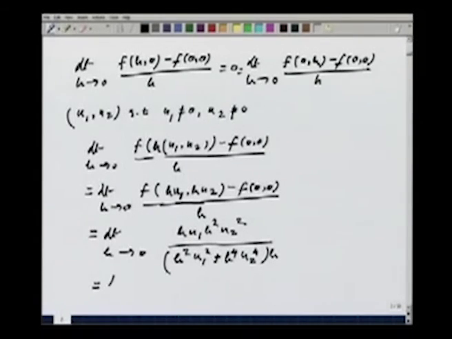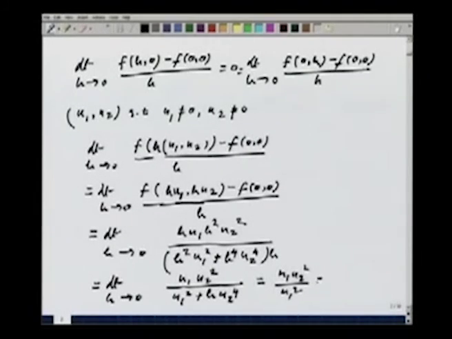If I calculate, what I get is the limit as h goes to 0 of u1 u2 square, because in the numerator I have an h cube which cancels with the denominator, divided by u1 square plus h u2 to the power 4. That limit certainly is u1 u2 square divided by u1 square, that is u2 square by u1. So the limit exists, and it certainly makes sense, as I have chosen both u1 and u2 not equal to 0.